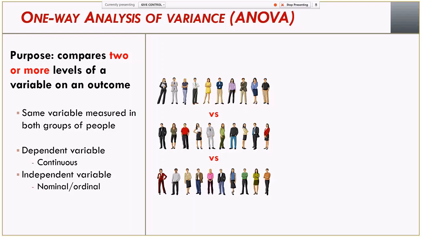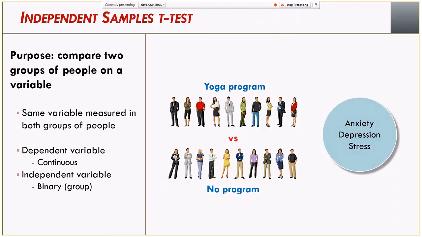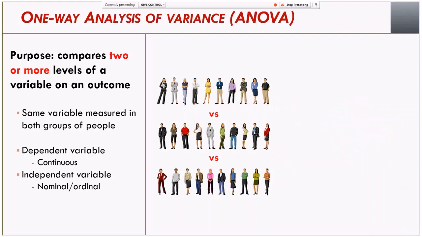You've probably seen this acronym a lot in papers, but this compares two or more levels of an outcome. So if we go back here, we only had two groups. This is the limit of the independent samples t-test. If you want to add a third group to this, you have to shift over to the analysis of variance.